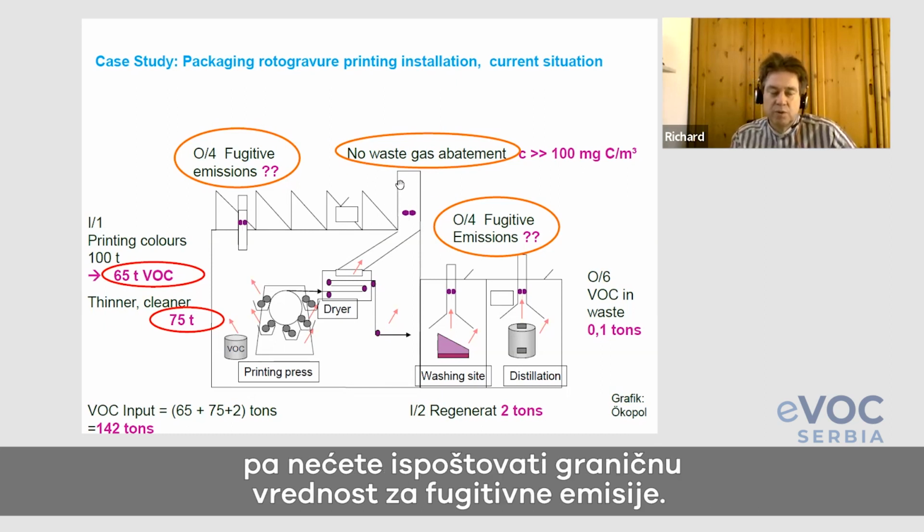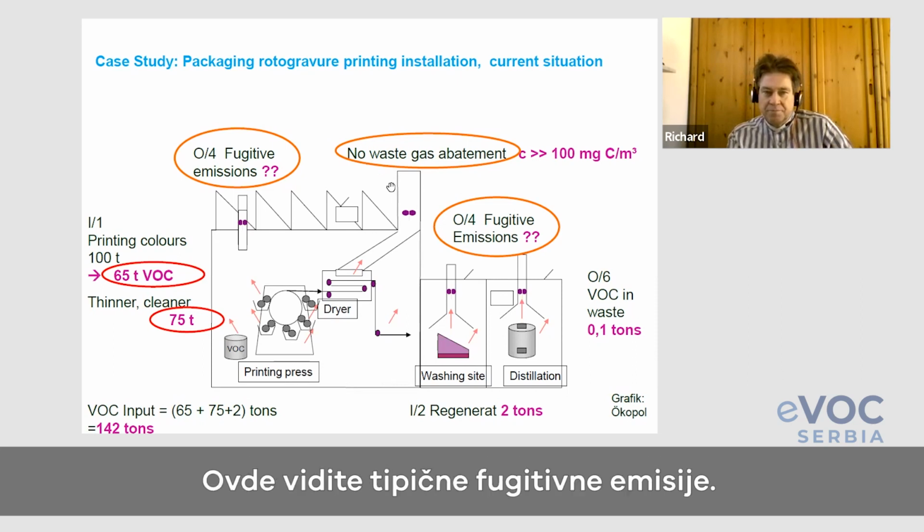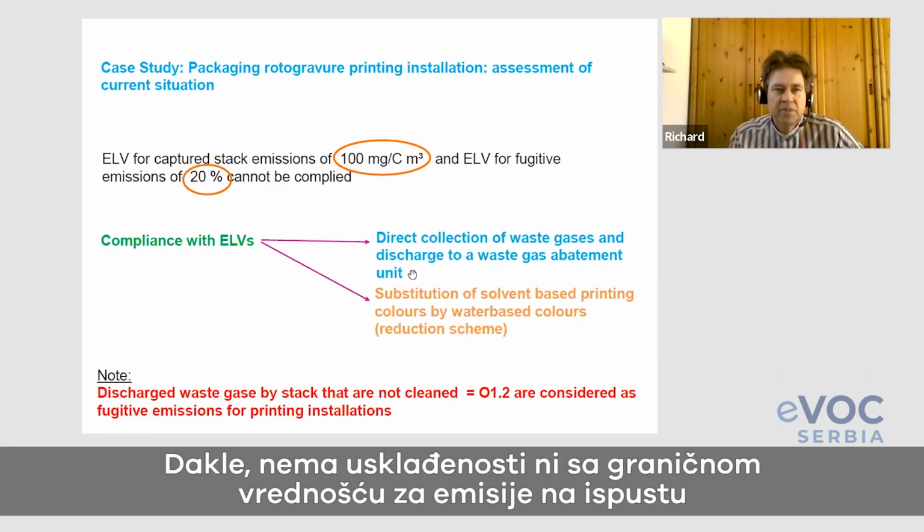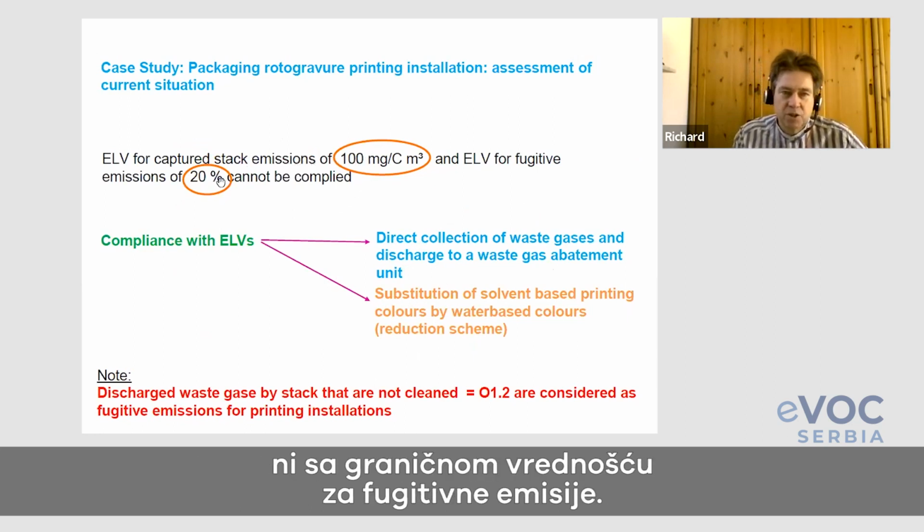So you will not comply with fugitive emissions anyway. Here you see typical fugitive emissions too. So compliance is not given with stack emission values and fugitive emission limit values.